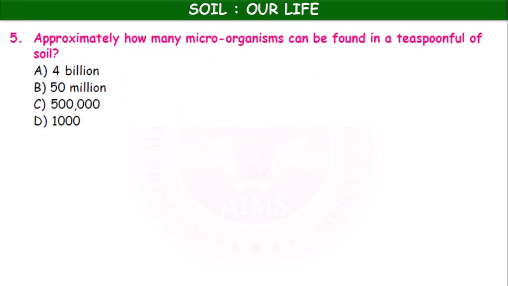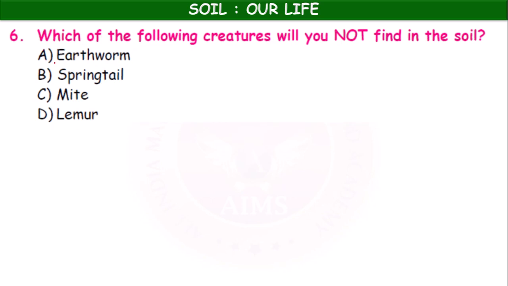Approximately how many microorganisms can be found in a teaspoonful of soil? 4 billion, 50 million, 5 lakhs, 1000. So there are 4 billion. So many microorganisms are present. Which of the following creatures will you not find in the soil?